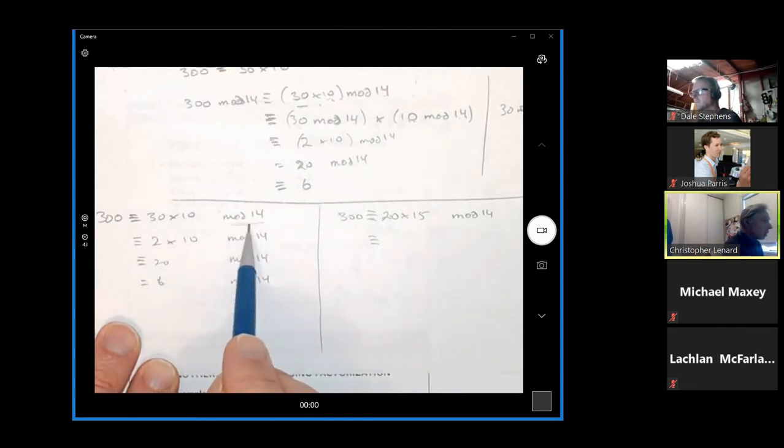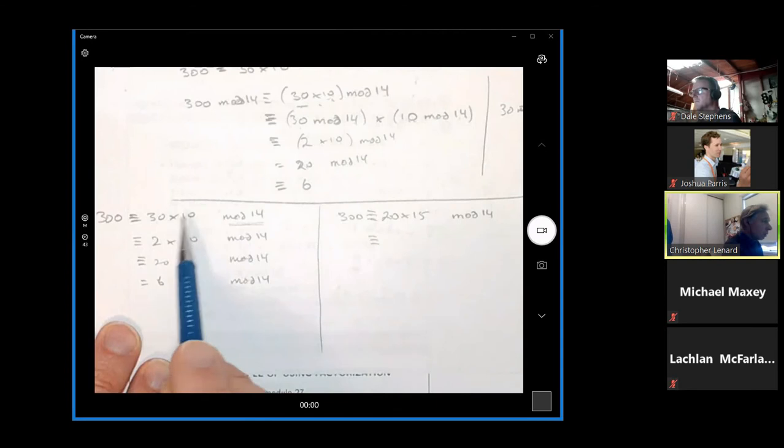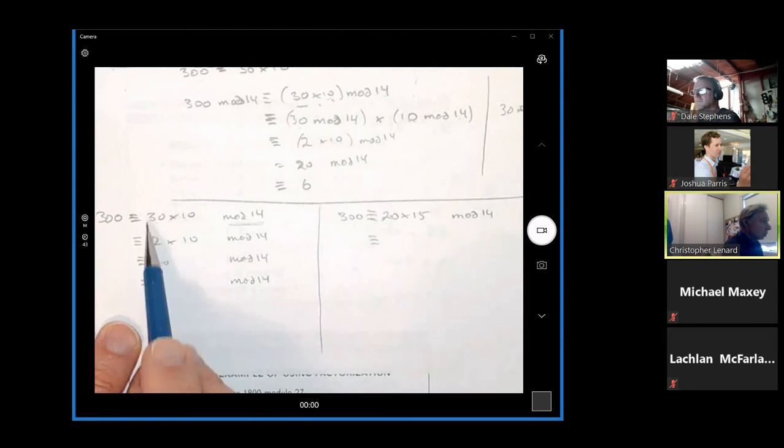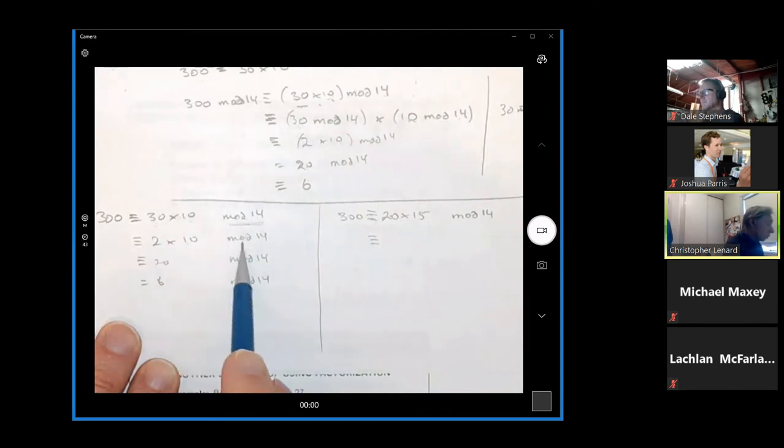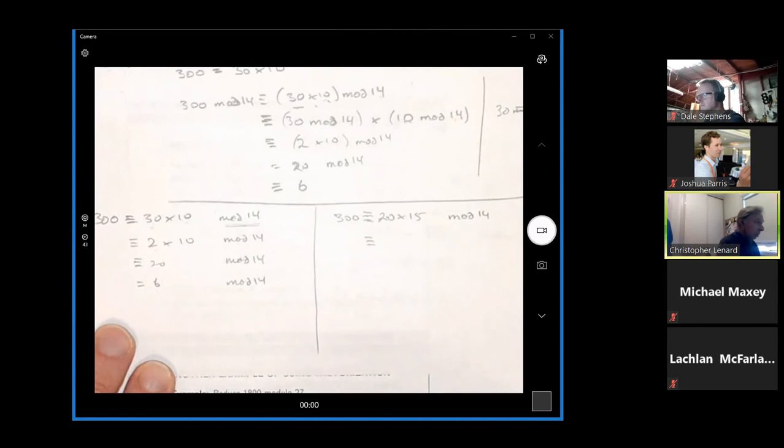So if you keep on writing this, to remind yourself from each step that you're doing that 30 in the mod 14 system is the same as 2. So 30 and 2 are the same thing, or congruent to each other. So 30 times 10 mod 14 is the same thing as 2 times 10 mod 14, which is 20 mod 14, which is congruent to 6 mod 14, because you can do that in your head.